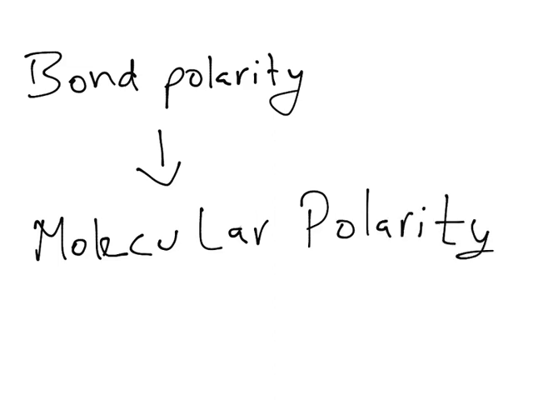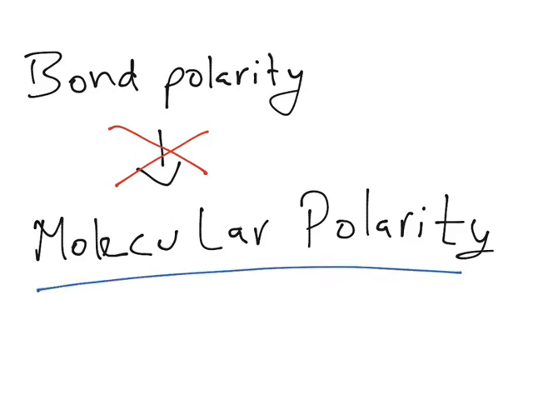If a molecule has polar bonds, it does not mean that the molecule is polar. There are non-polar molecules that have polar covalent bonds. So do not assume that if a molecule has polar covalent bonds, the whole molecule will be polar. In this video I'm just going to talk about molecular polarity.